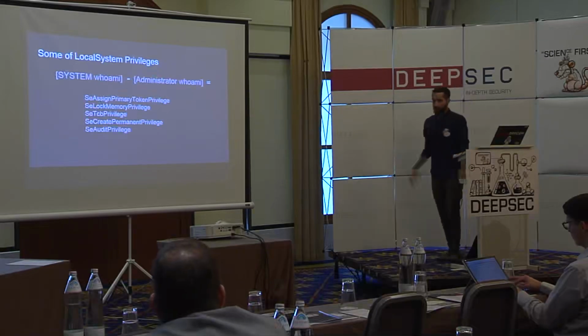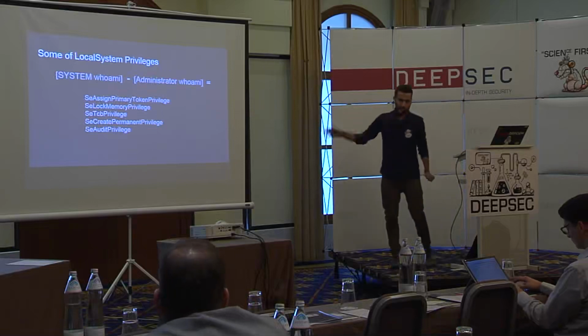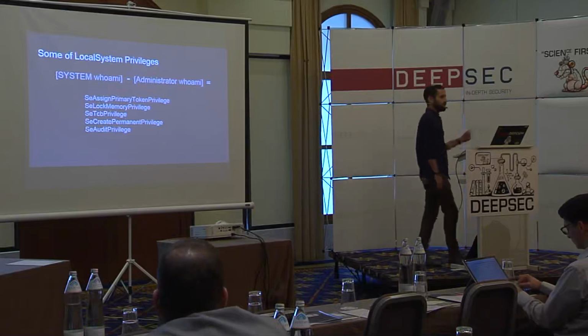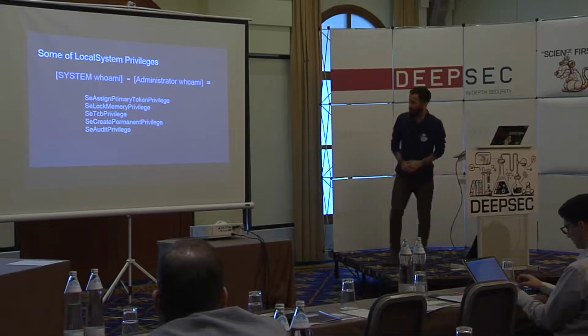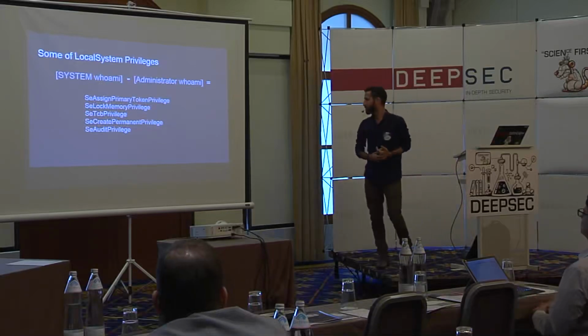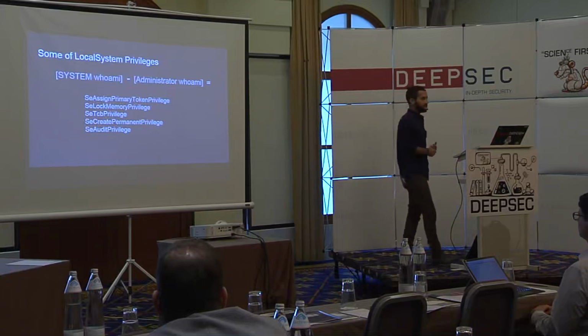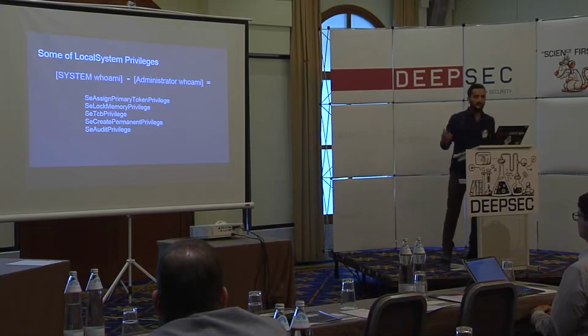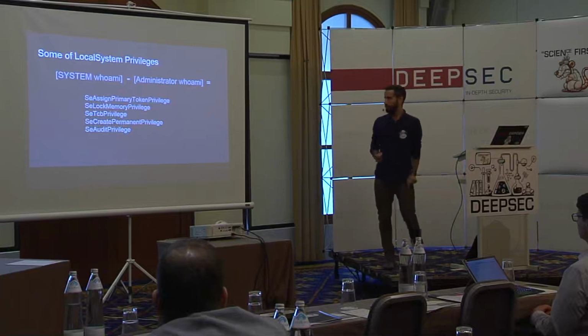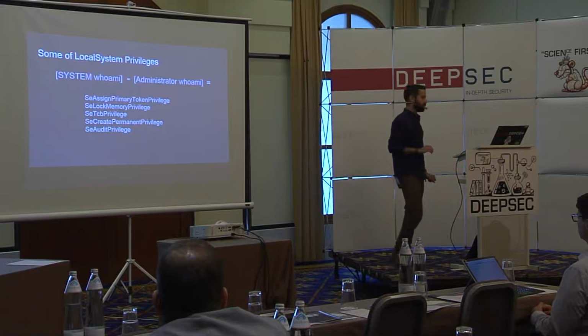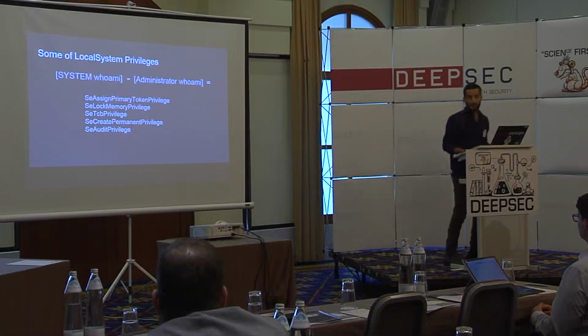If you compare the output of whoami /all and look at all the privileges, to be more exact, this is the difference. You have some cool privileges. The first one is the privilege to replace a process level token. You can change the token at the process level and not just the thread access token.